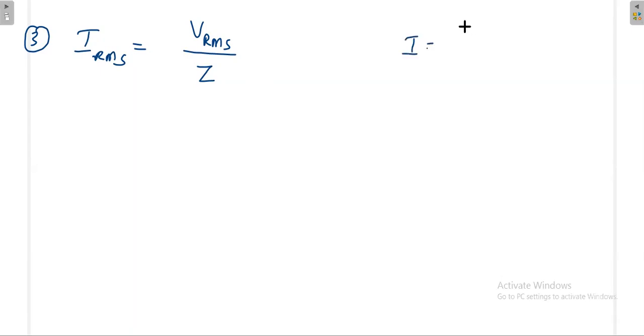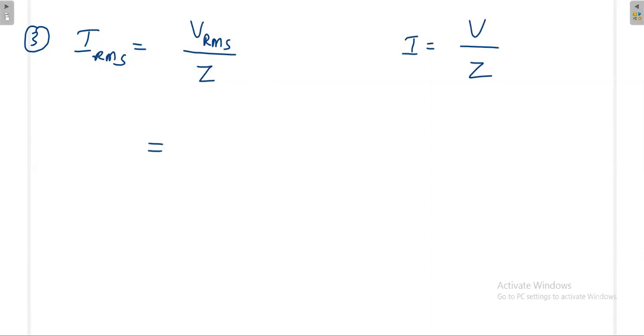I is equal to V divided by Z. If it is IRMS, then VRMS divided by Z. Why am I finding IRMS directly? For the power calculation, this will be useful. That's why I am finding IRMS directly. So that means I have to use VRMS.